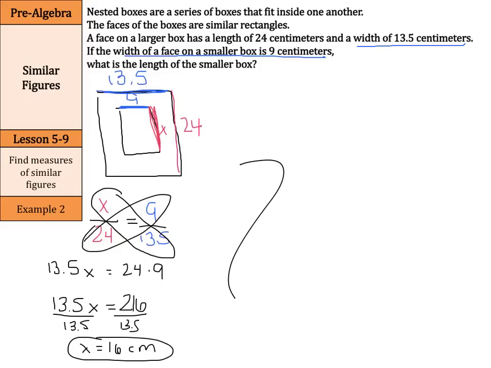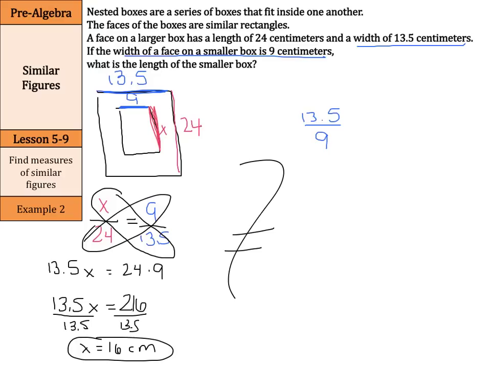Now let's solve this a second way, and that's what's called using the scale factor. Now if we look at the widths, we know the width of the larger one is 13.5. And we know the width of the smaller one is 9.